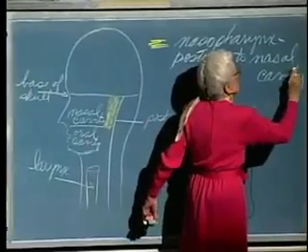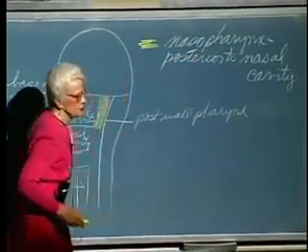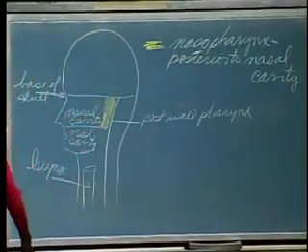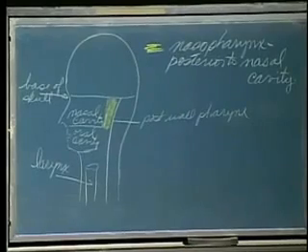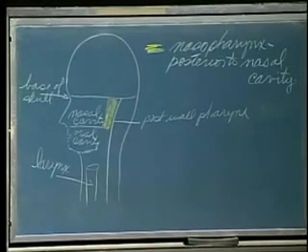Now, what do you know about the nasal pharynx that we've had previously? What tube do we find originates there? Pardon? No, that's cartilage. Right? The eustachian tube, right.